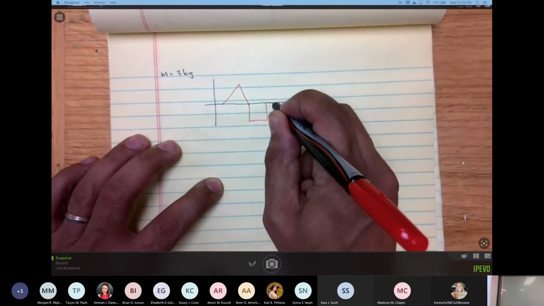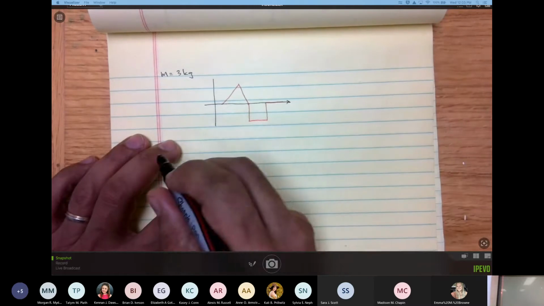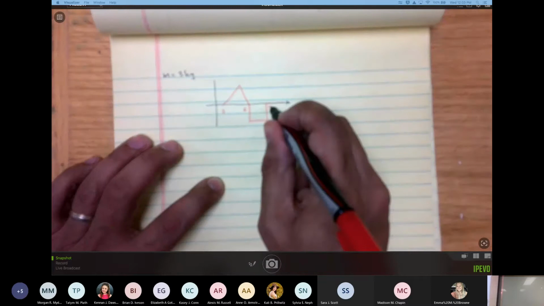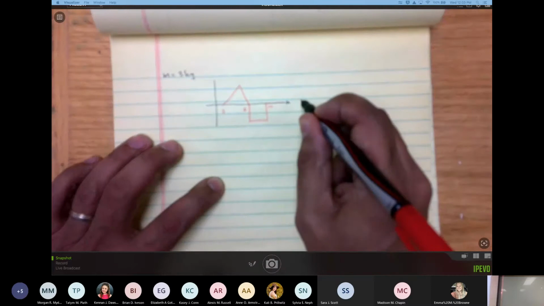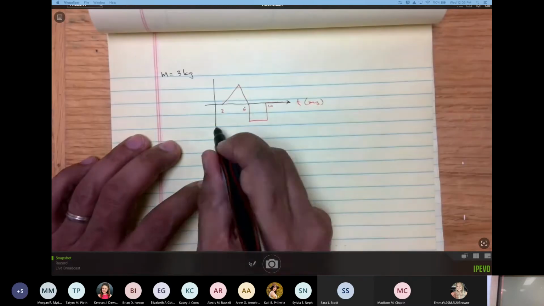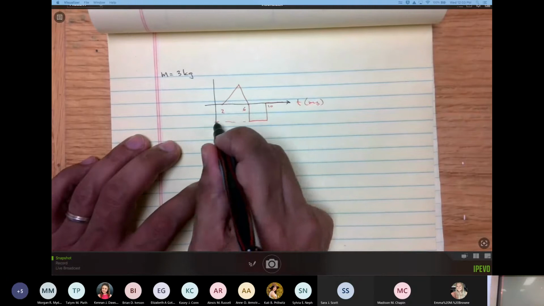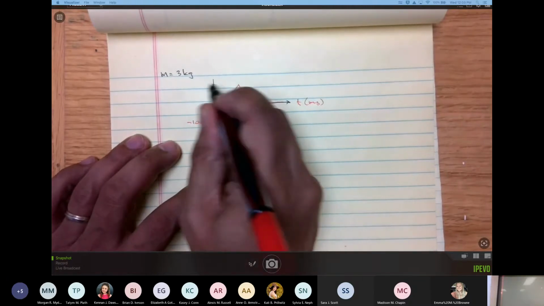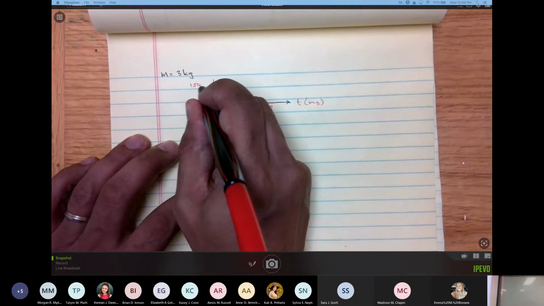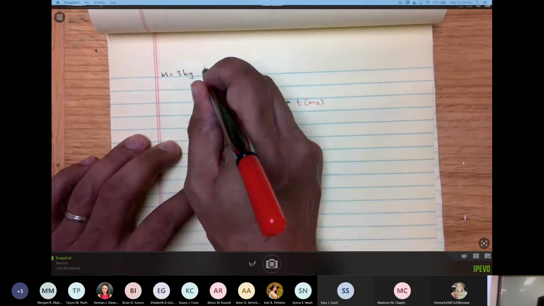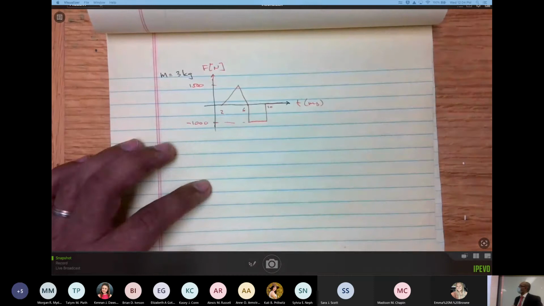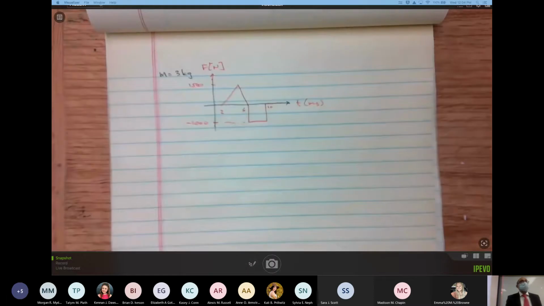I'm going to say this is 2, this is 6, this is 10. This is time in milliseconds. Minus 1,000. This is 1,500. And the force is in newtons. Okay, so that's the graph of impulse.